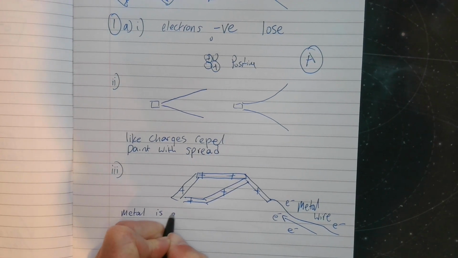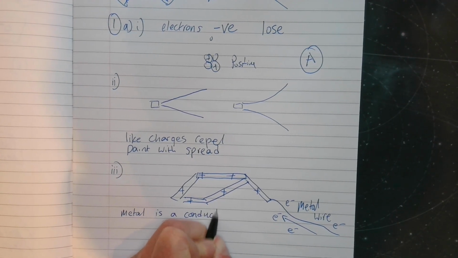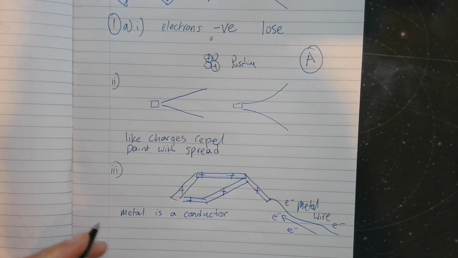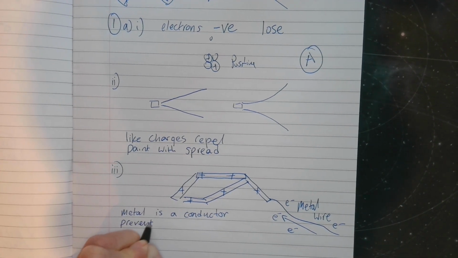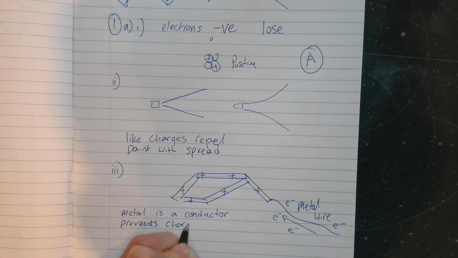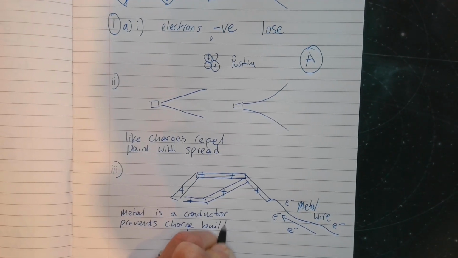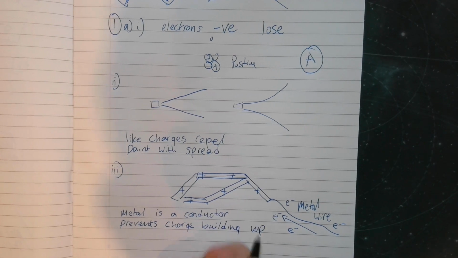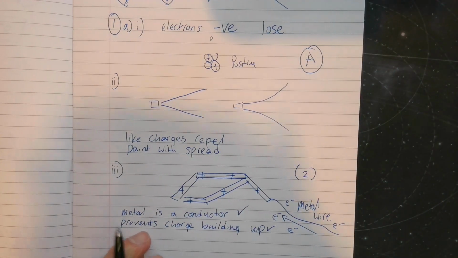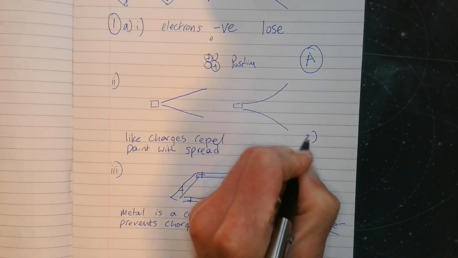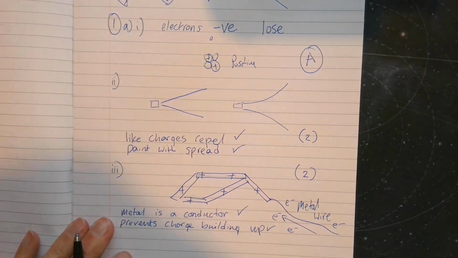So metal is a conductor, and therefore that prevents charge building up on the object. This is a 2-mark question, so there are our 2 marking points.